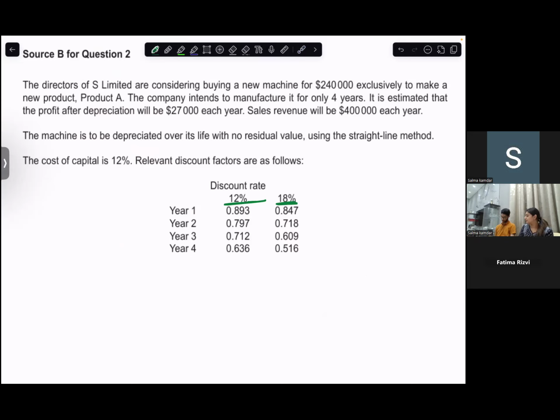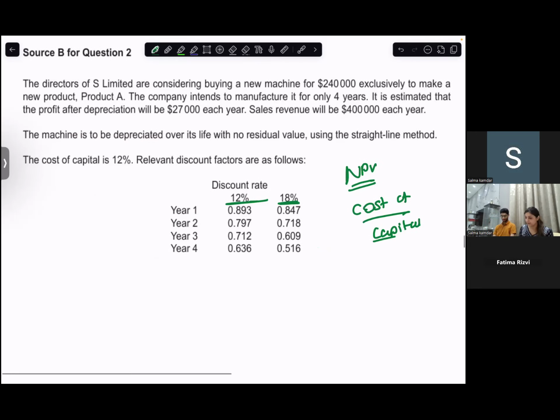So which one are you going to take in NPV? In the net present value method, you are going to take the discount factor which is the cost of capital. Remember, whenever we are given two discount factors, one is going to give us a positive NPV and another is going to give us a negative NPV. I hope you're with me.